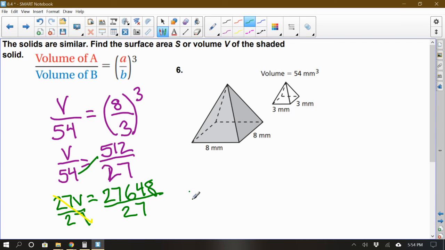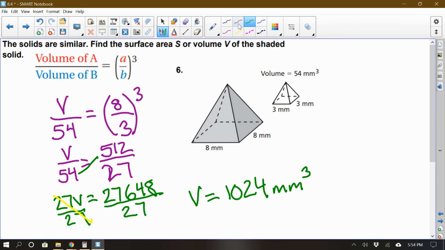Okay, so it looks like the volume of our shaded figure is 1,024. Now it's measured in millimeters, so that would be millimeters cubed. Right. So whenever you're finding volume, those answers would be in a cubic measurement, so to the third power.